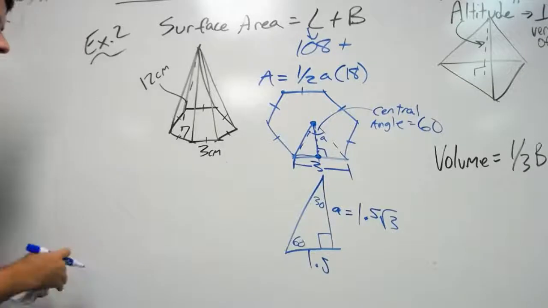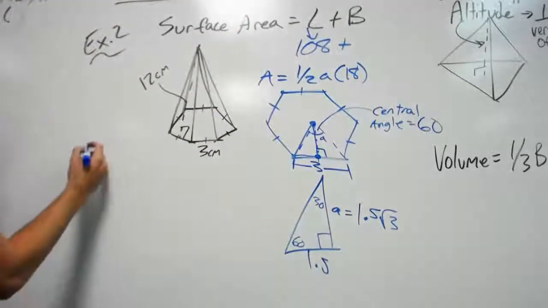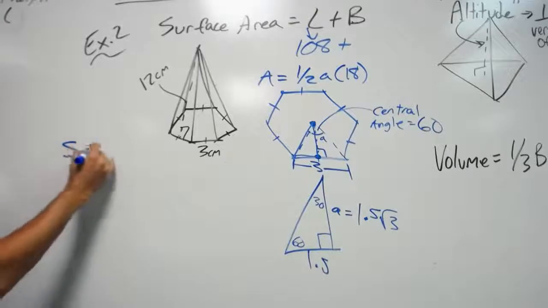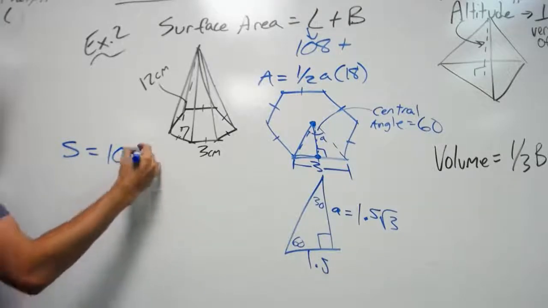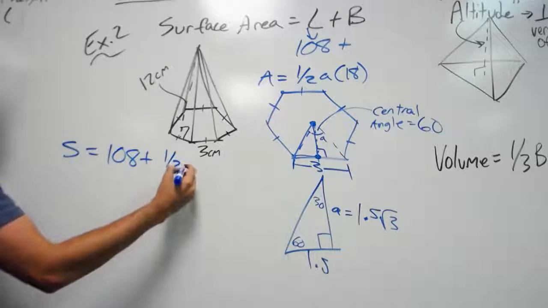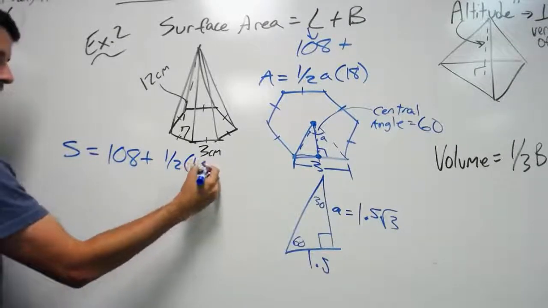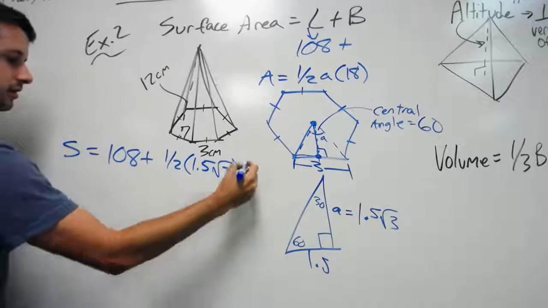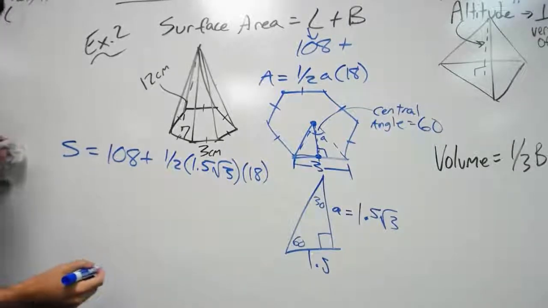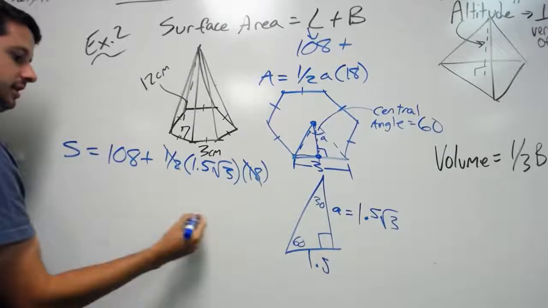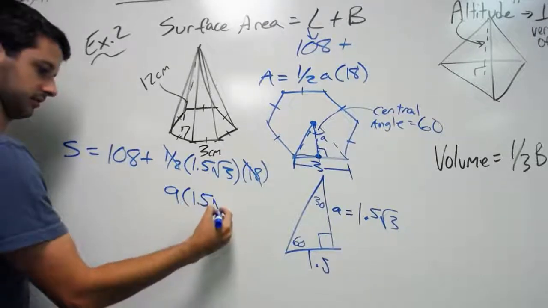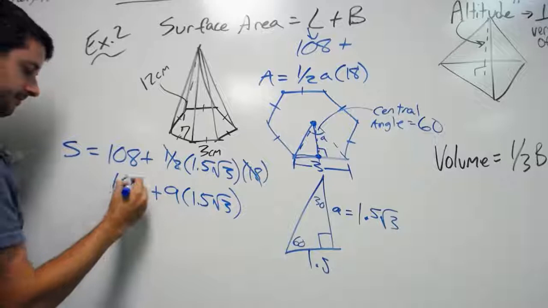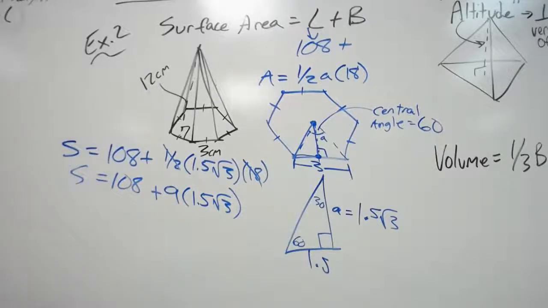We're running out of space, so I'll put it over here. Surface area equals 108 plus 1/2 times 1.5 radical 3 times 18. 1/2 of 18 is 9. We're going to get rid of the radical 3 since it wants it in decimal form.